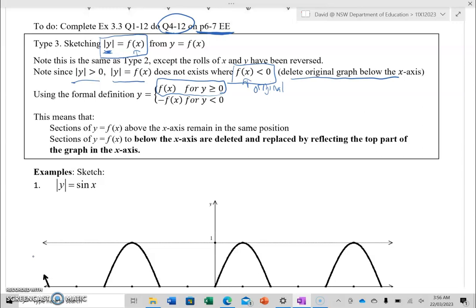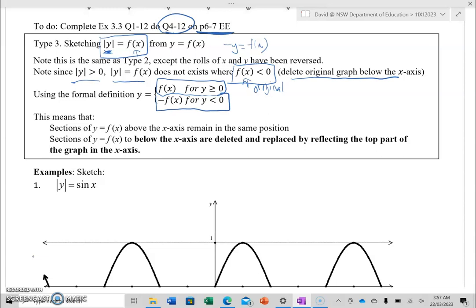If what's inside the absolute value is negative, that would become negative y equals f of x, taking the negative of the inside, for y is less than 0. And I've just shoved the negative over to the other side. So I get y is equal to negative f of x if y is less than 0.